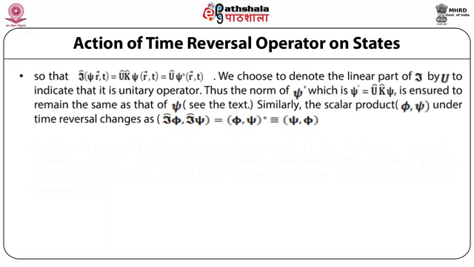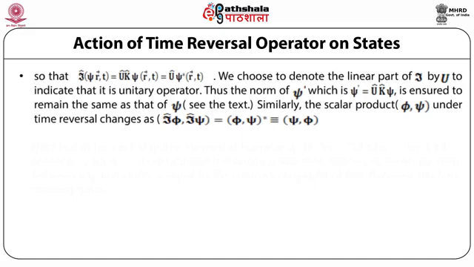That means that the norm of the wave function ψ′, which is basically the wave function ψ on which the linear operator and the complex conjugate operator are acting, is the same as the norm of the wave function ψ.